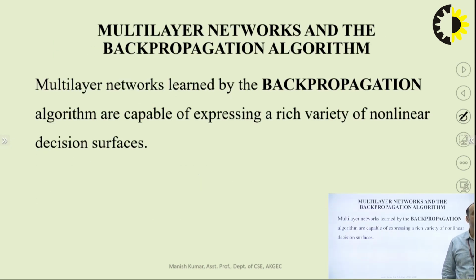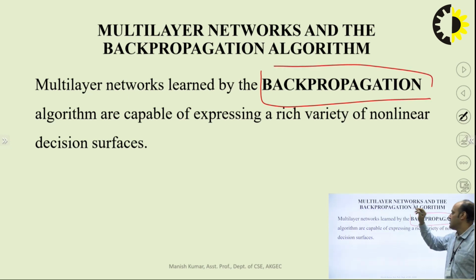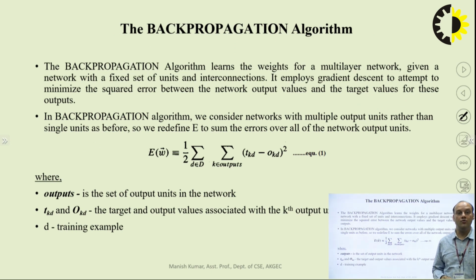So now the question is how we are going to train on a training example which cannot be separated linearly. For that we will use a multi-layer network which is learned by the back propagation algorithm. So how will we do this?